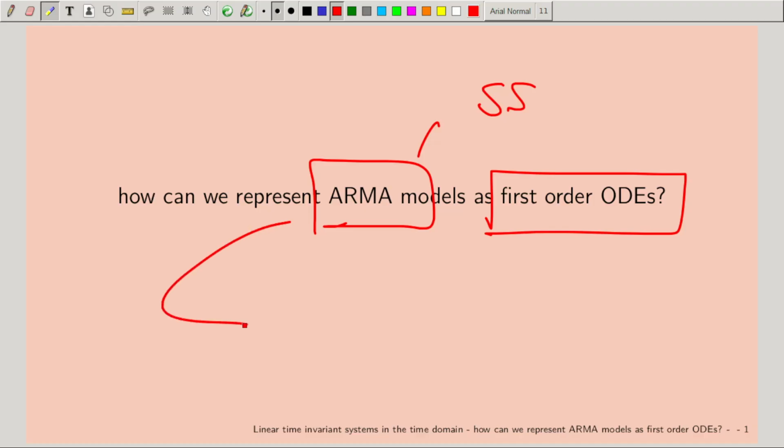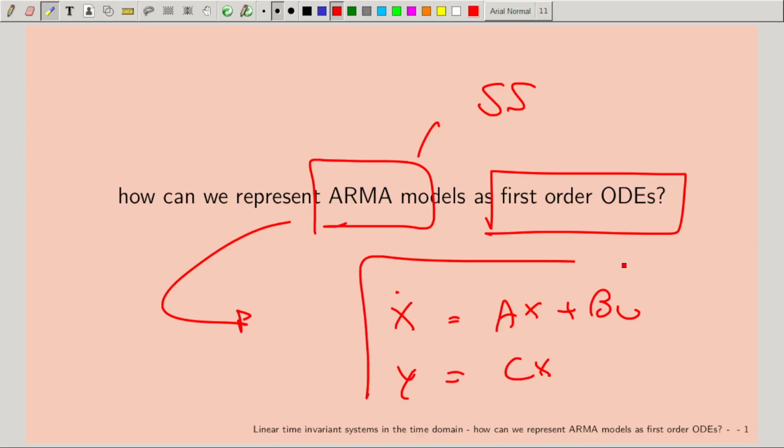We take an ARMA model, we find a procedure to write it as x dot is equal to Ax plus Bu, y is equal to Cx. This is going to be our linear time invariant system in state space. This is the one that we are going to use to build the linear quadratic regulators that we are going to use for controlling the system.